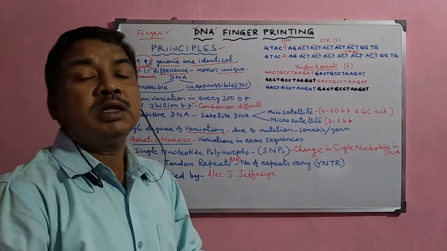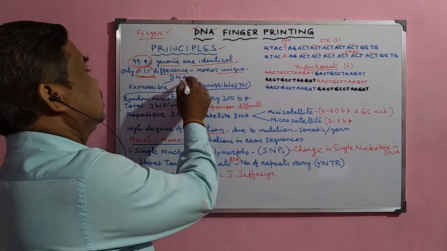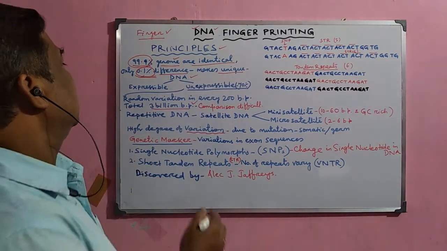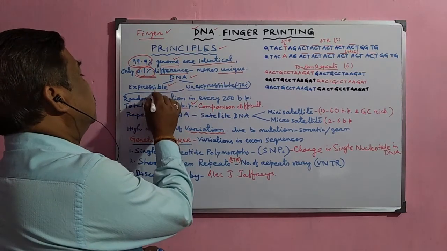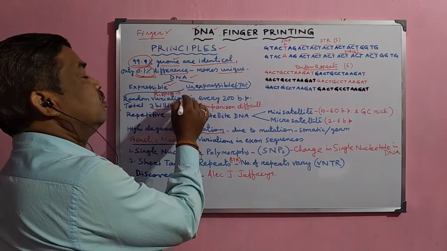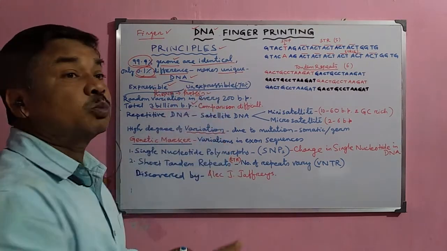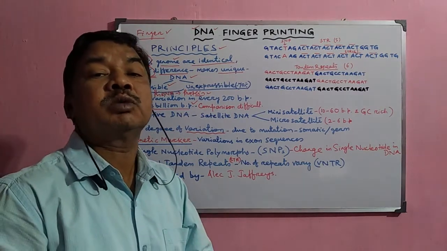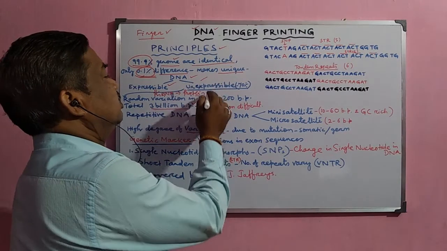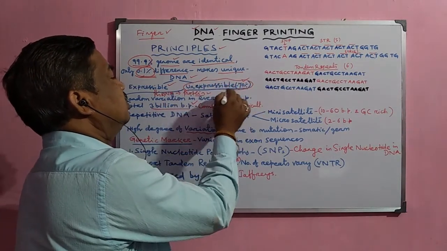Now, as we have already discussed, the genome or the DNA material present in the human being is of two forms. First is the expressible form, which normally forms the mRNA, and this mRNA forms the protein. So these are called the expressible genetic material or the expressible part of the DNA. But there are certain parts of the DNA, more than 70%, which are unexpressible parts.